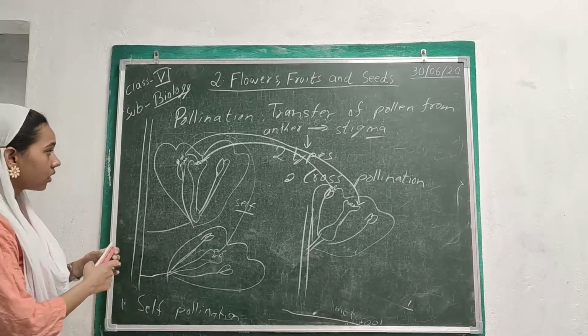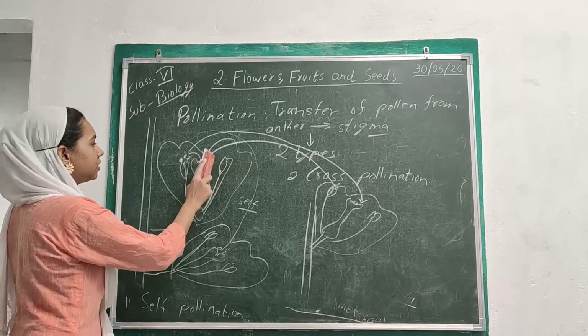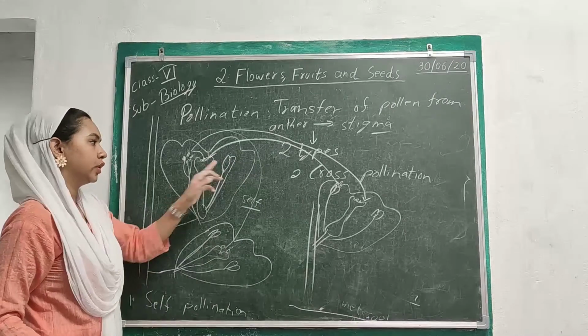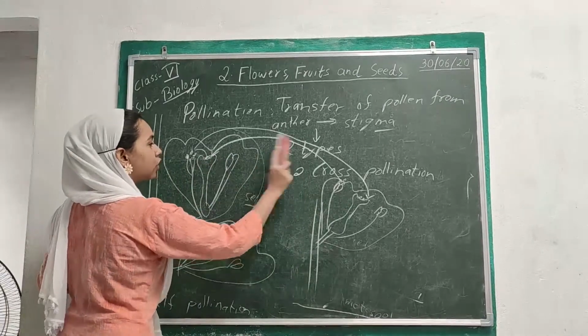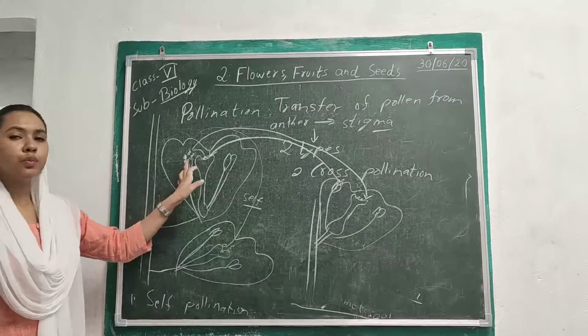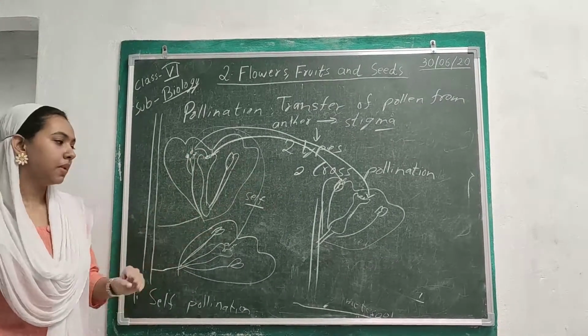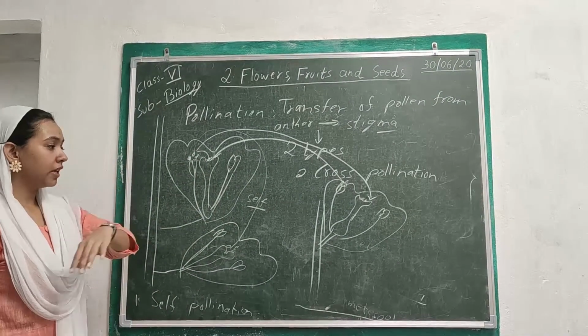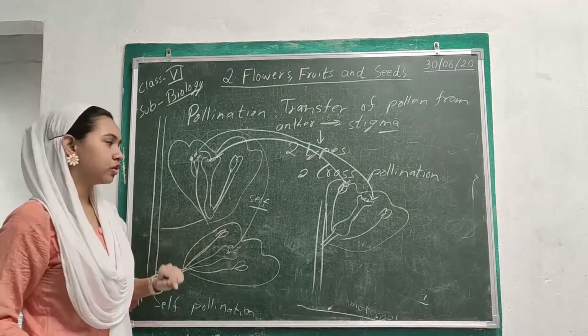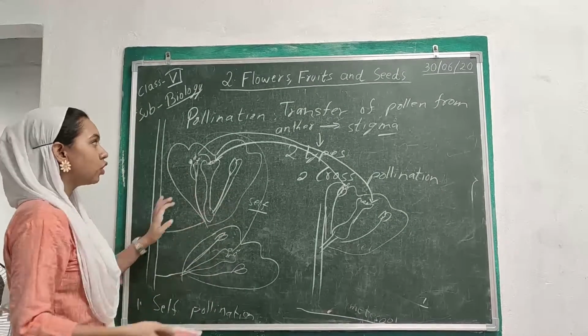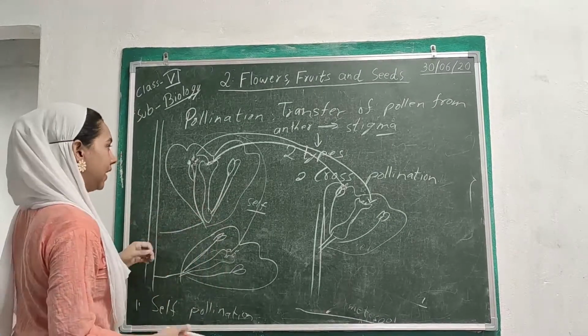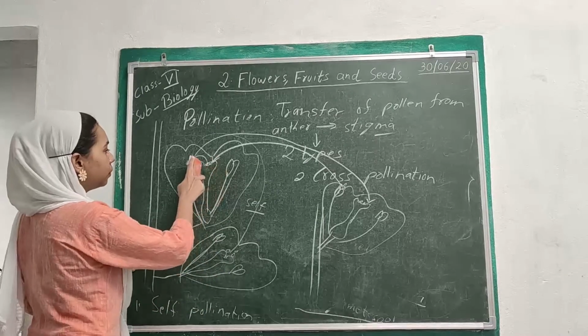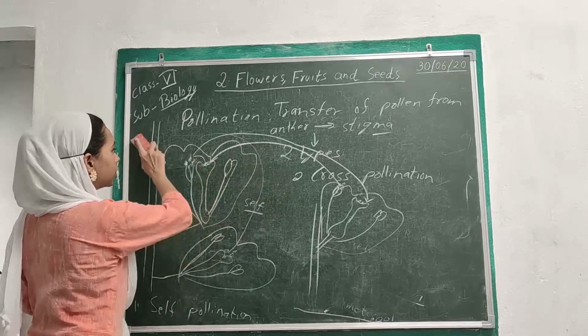Now, see there is some distance between the stigma and the anther. In this case, there is a lot of distance. So how are the pollen grains going to go to the stigma? The pollens do not have legs, so they cannot just walk. So they need some agents or some help to transfer the pollen grains from the anther to the stigma.